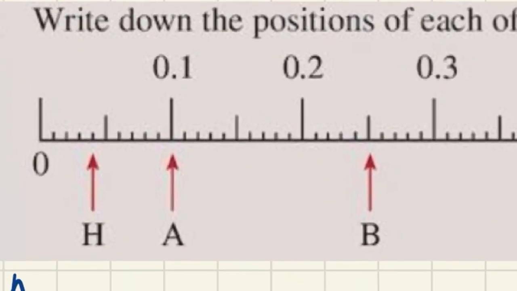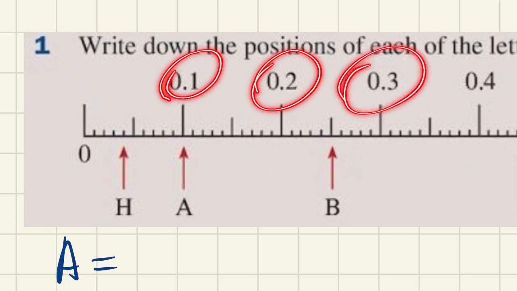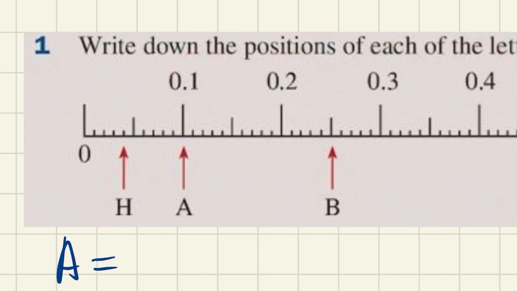Or no, sorry, this is hundredths. So we have 0.1, 0.2 in here, you see, 0.1, 0.2, 0.3, 0.4. And so what happens is we have to divide 0.1 into 10 parts.